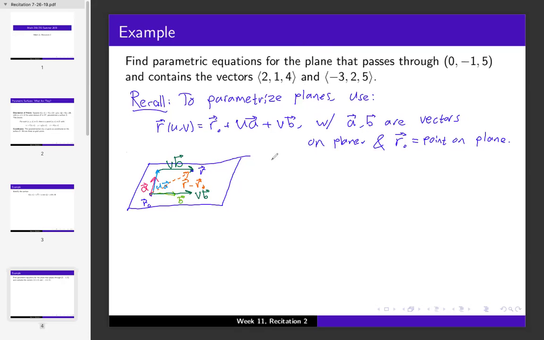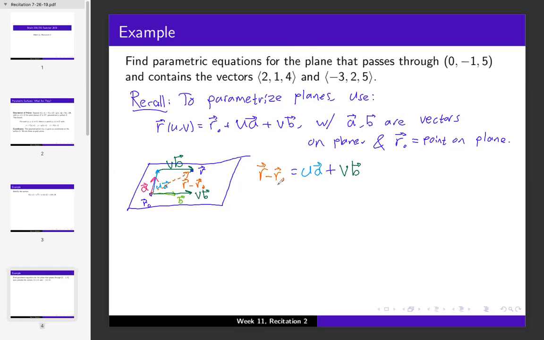So R minus R naught, that orange vector, is the same thing as the vector uA plus the vector vB.